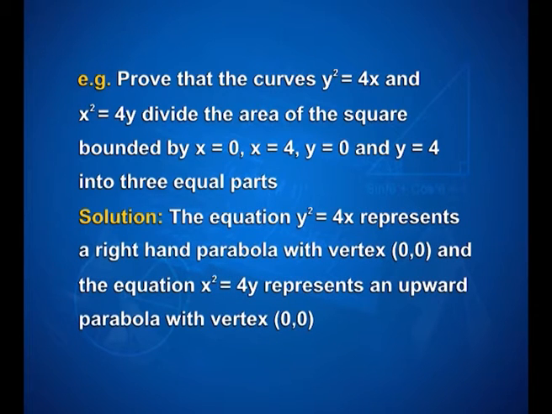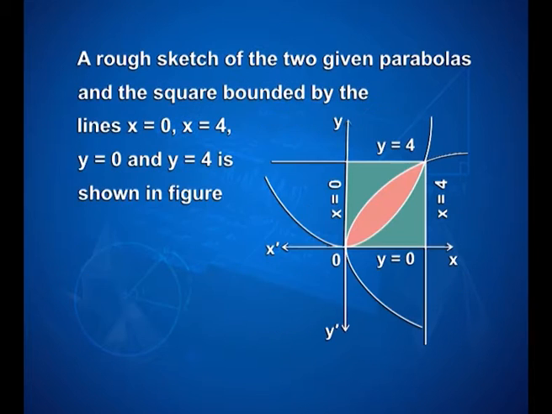For the solution, the equation y square is equal to 4x represents a right hand parabola with vertex (0, 0), that is origin, and the equation x square is equal to 4y represents an upward parabola with vertex at origin (0, 0). A rough sketch of the two given parabolas and the square bounded by the lines x is equal to 0, x is equal to 4, y is equal to 0 and y is equal to 4 is shown in the figure.